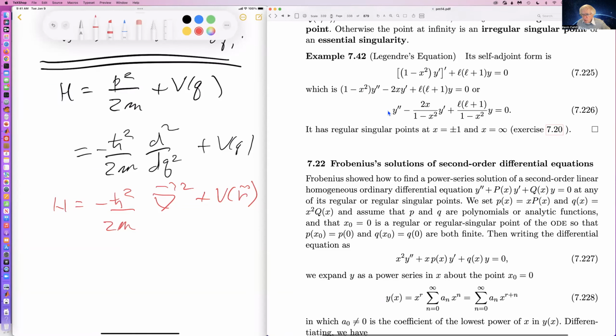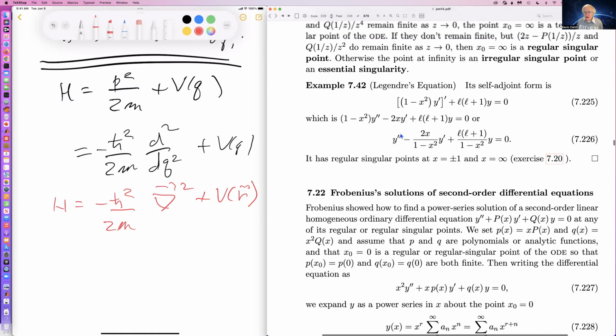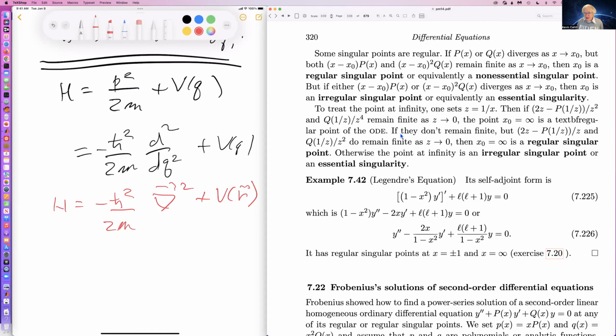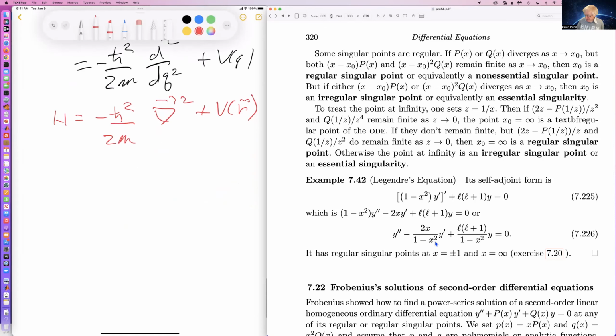To find out what y double prime is, we see it's these two expressions here. Well, obviously, when x is equal to plus or minus 1, we've got y double prime going to infinity. But these are actually regular singular points, and maybe I can even just do the exercise for you.